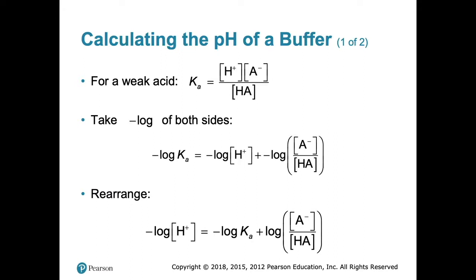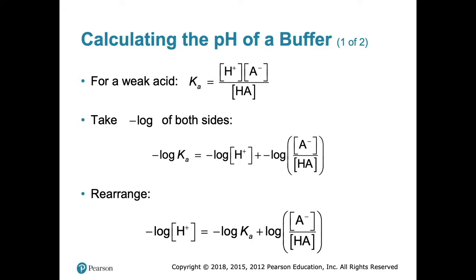When you see the negative log of anything, it really means P. It's just that chemists are lazy, so they don't want to write out the words negative log. So they say negative log means P. So that's why it's pH. It's short for negative log.